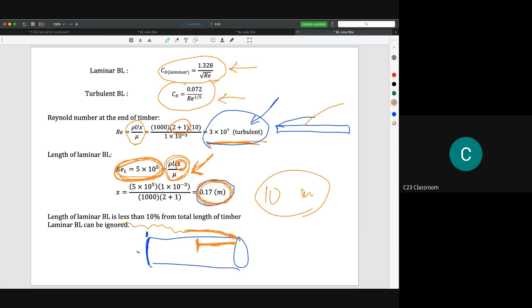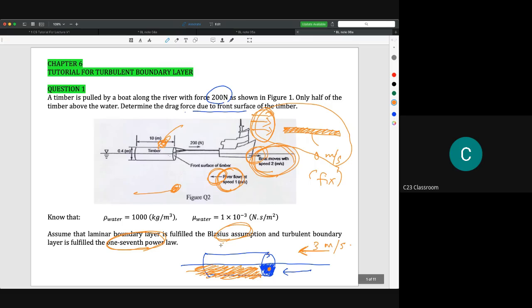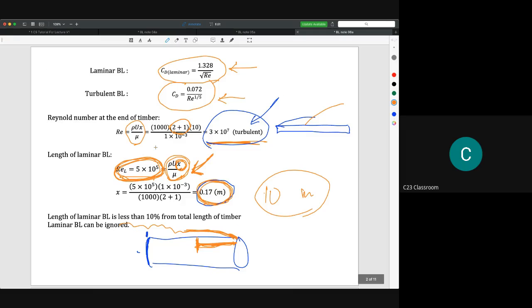So now you should make a justification. You should justify your result. The length of the laminar boundary layer is just 0.17 meter. According to this question, we have 10 meters. So 0.17 meter is relatively very small compared with 10 meters.